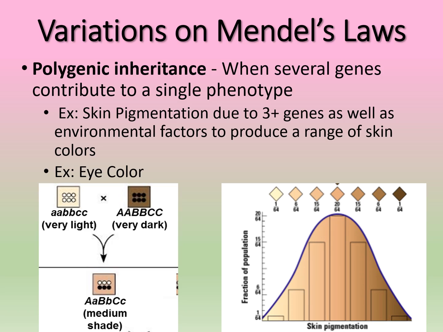So again, this idea is called polygenic inheritance. So again, we're not going to do any examples using this because it is very complex with multiple genes taking place and contributing to one single phenotype. But just to have an idea and a definition for what it is.